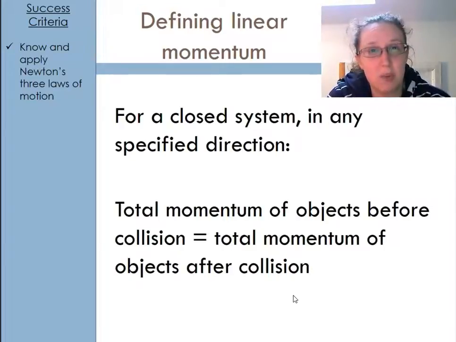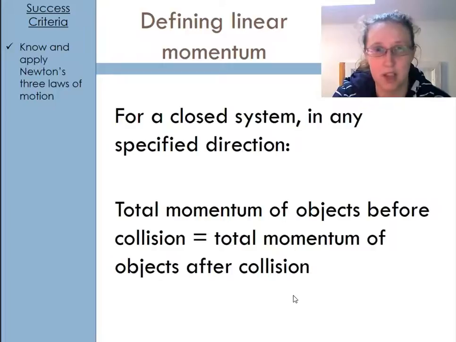Just like with energy, we've still got that caveat about it being a closed system, but we say that for a closed system, in any one direction, this momentum is going to be conserved even if we have collisions of objects. I'm going to look at that in a lot more detail, but don't worry, I just want to get these ideas in your heads and see if you can just get these terms learnt.